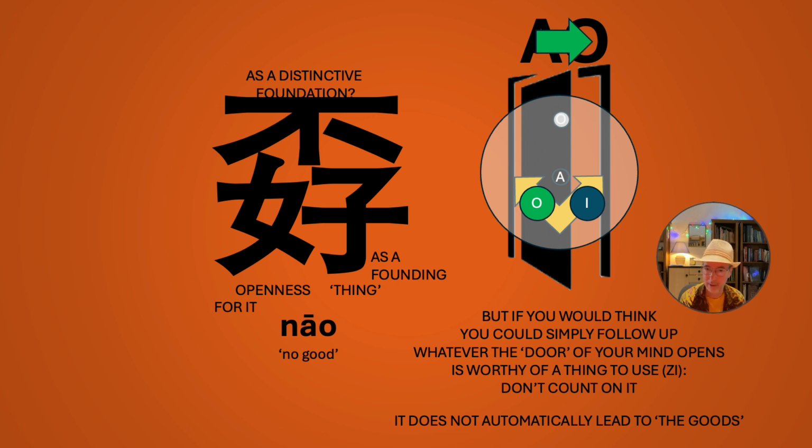One thing that I have in my mind here is that whenever you open the door, don't count on it that you can use everything that there is. It also doesn't automatically lead to the goods. It doesn't explain everything here, but it also says that in a way, I think that I have to investigate that. Is that also there in this expression? That that is not just something bad, but it's just it is no good. You can't count on it that you know immediately what is good and what is bad.